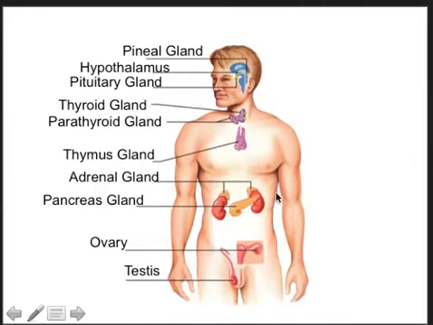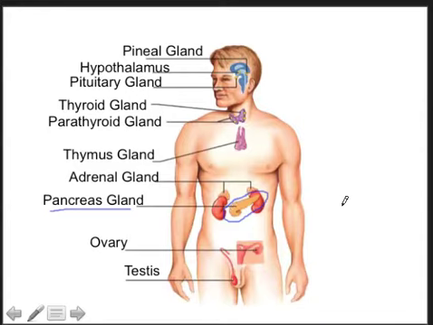Now, the pancreas, right here, okay, the pancreas, is actually a gland that does two jobs in one. It's both an exocrine gland and an endocrine gland.